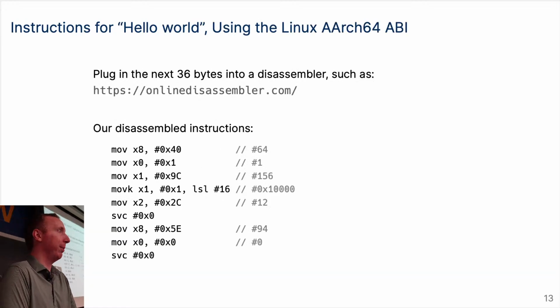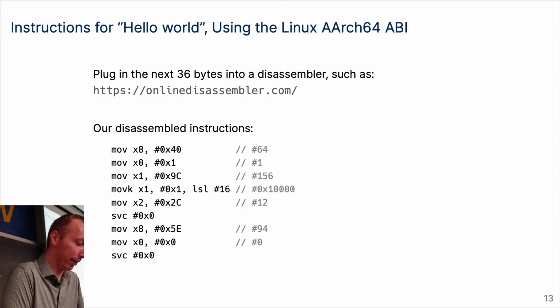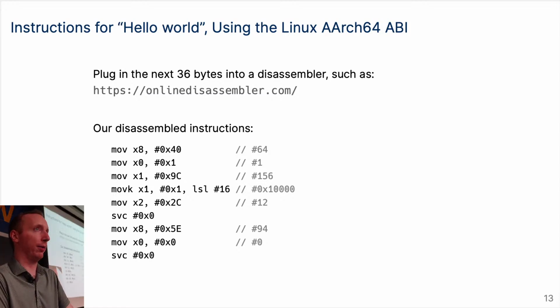All right, so if we plug the actual instruction bytes into an online disassembler, it looks something like this. All we're doing is moving values into registers. X8 was the system call number. If you look it up in the table, system call 64 in decimal, which is 40 in hex, is the write system call. We wrote to file descriptor 1, so we put the value 1 into X0, and then next we move the lower bytes.